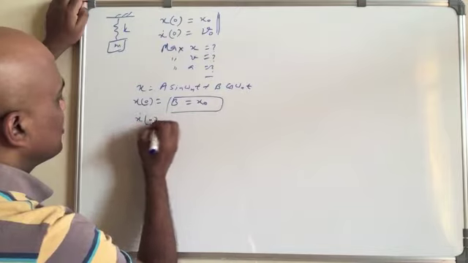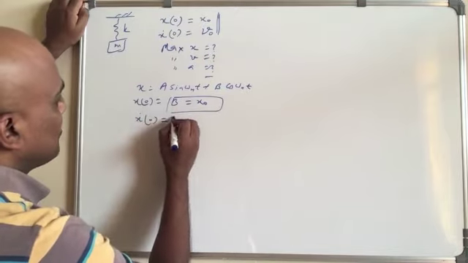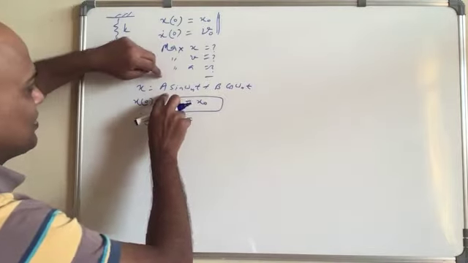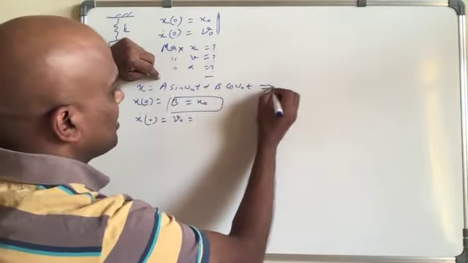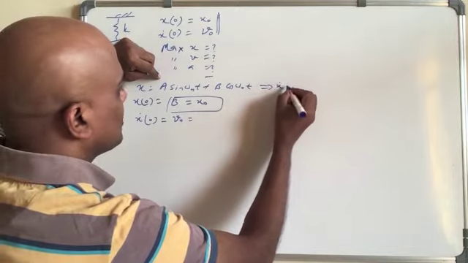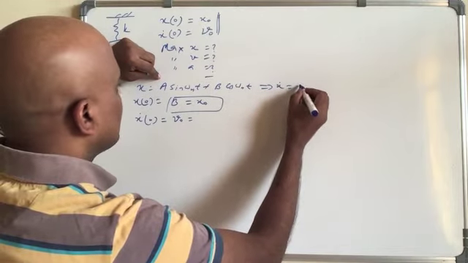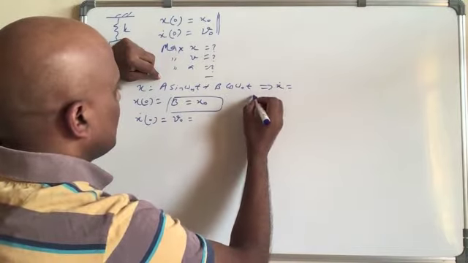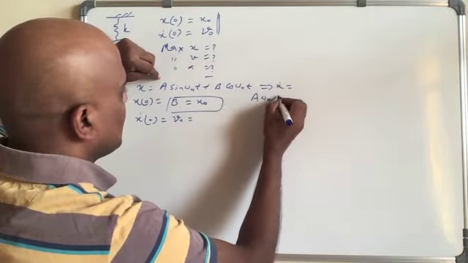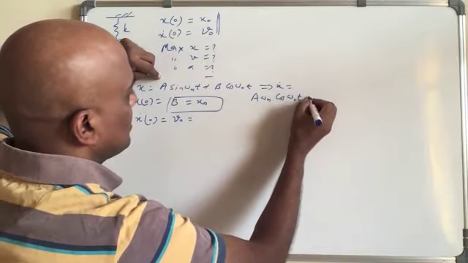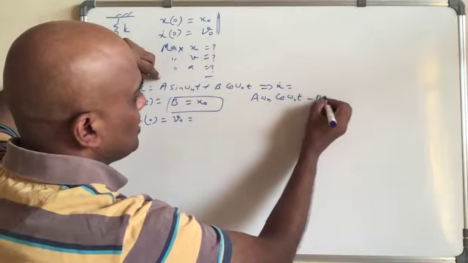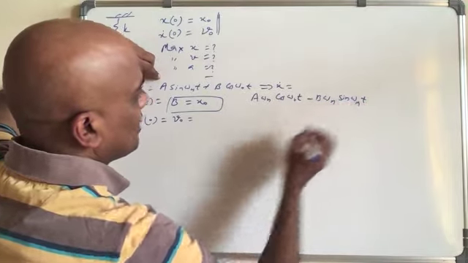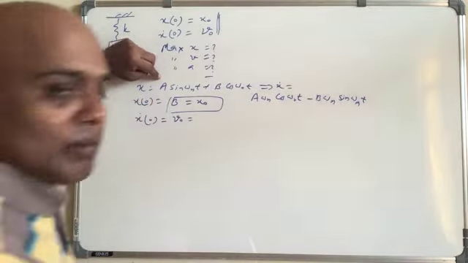Then x dot will be a omega n cos omega n t minus b omega n sin omega n t.